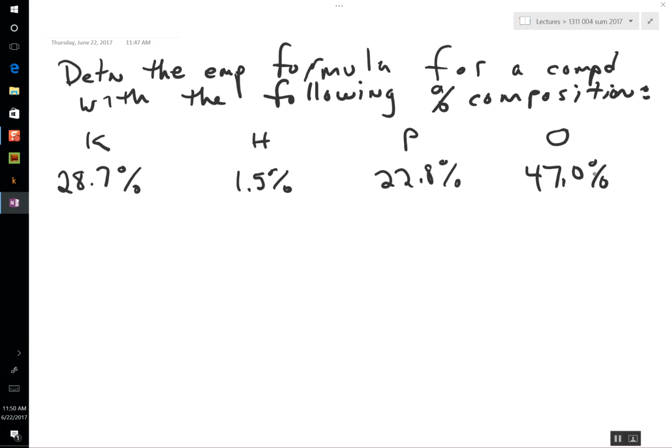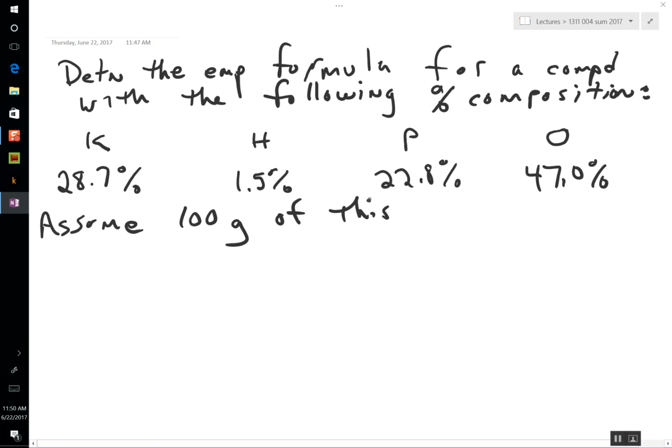Have you done one of these problems? No? Yes? Maybe? All right, the strategy here is to figure out a certain amount of this to start with, and the best amount to start with is to assume you have 100 grams of this. So what would you have?